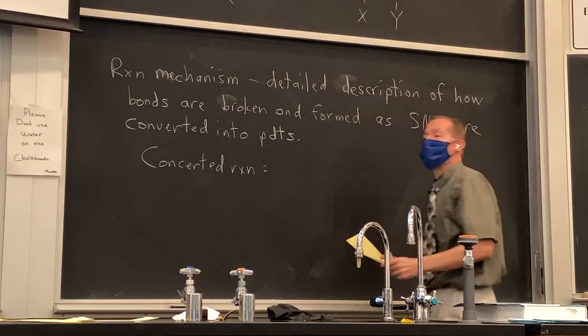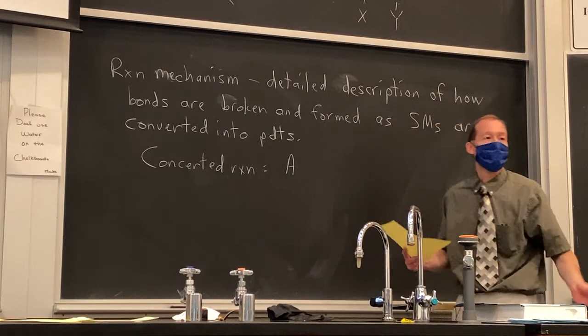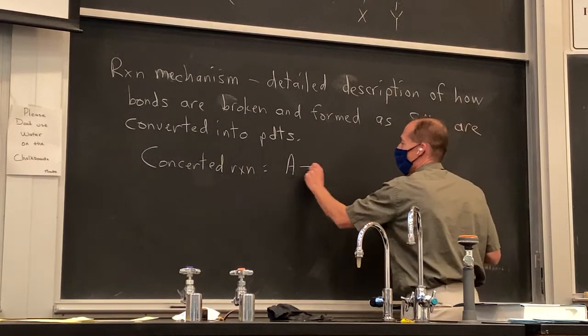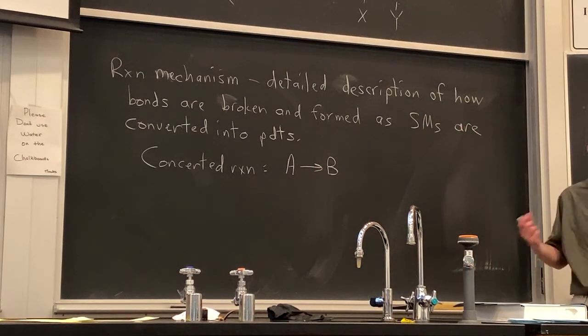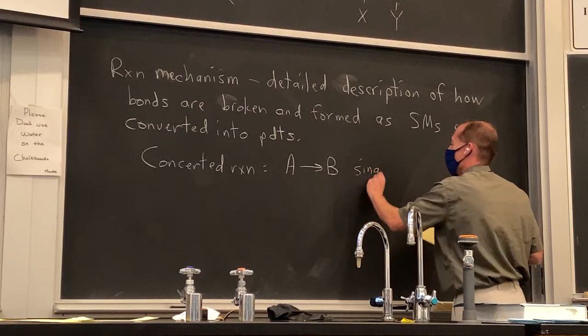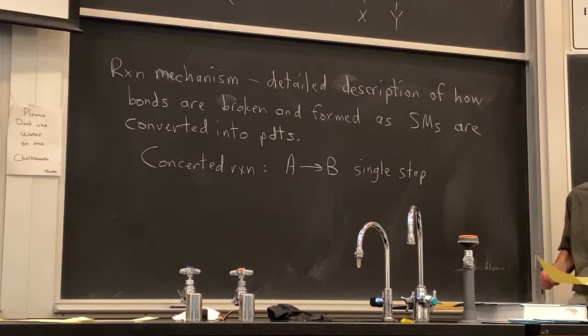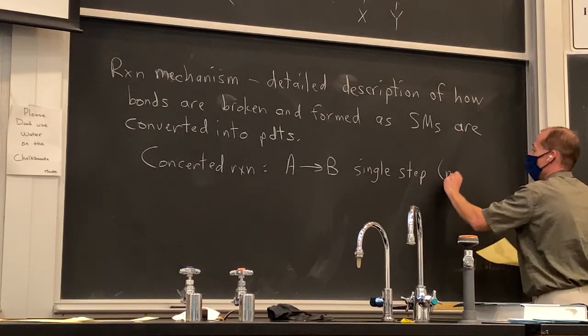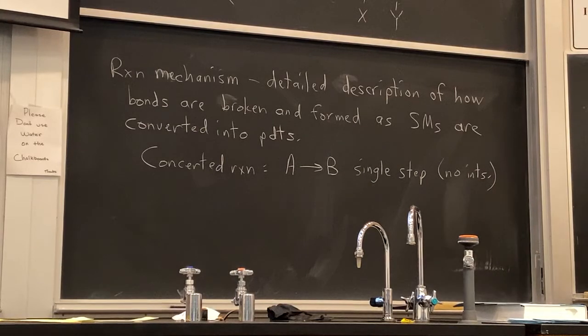In a concerted reaction mechanism, we have starting material or materials A that get converted directly into the products B in a single step. So when we say a reaction mechanism proceeds in a single step, what we mean is that there are no intermediates that are formed.